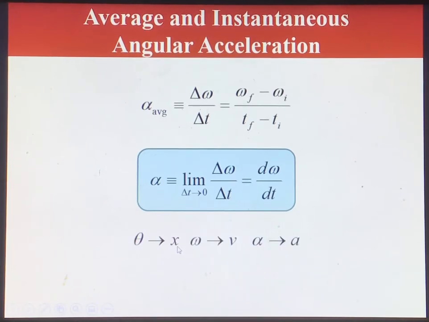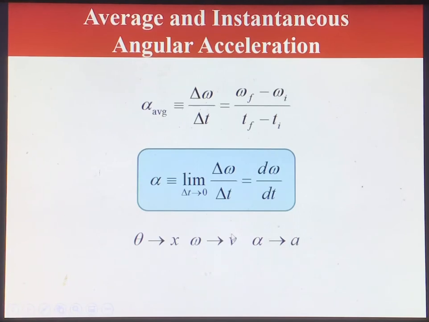All right, something that we should remember here is the difference between rotational motion and linear motion. In rotational motion, the displacement is theta. Meanwhile, in linear motion, the displacement is x. In rotational motion, the angular speed is omega.